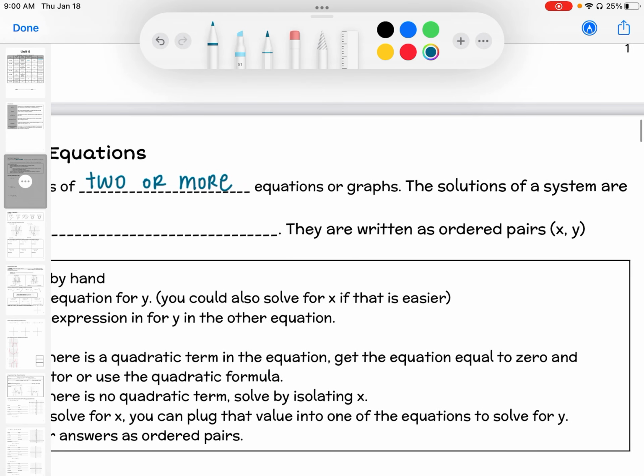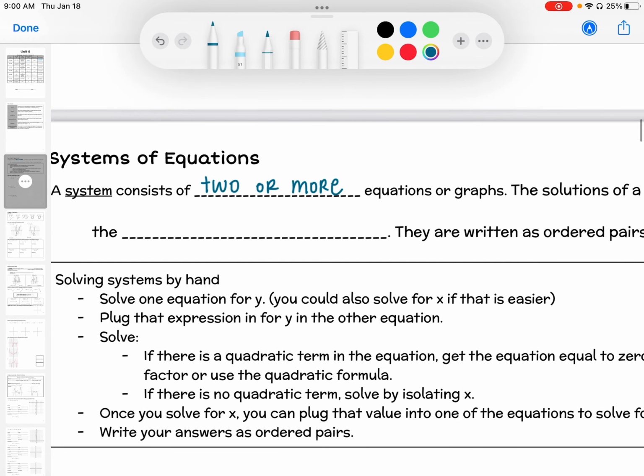So the solutions of a system are always the intersection points, and they're written as ordered pairs. So basically we're looking for where 2 or more graphs are going to cross each other, and wherever they cross, that is going to be your solution.